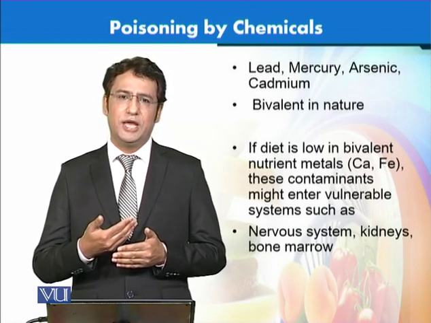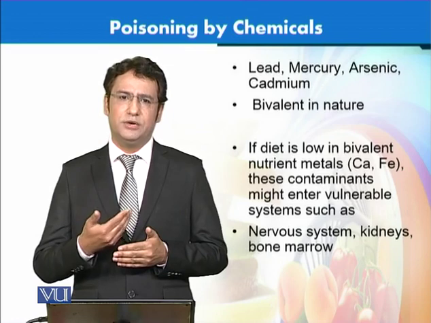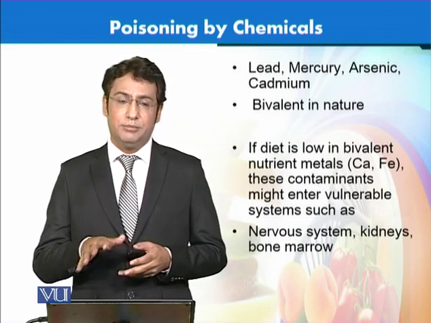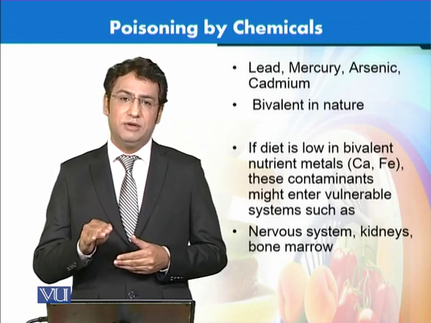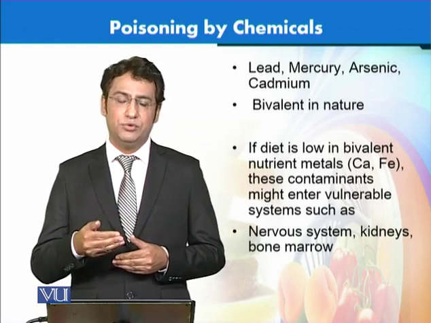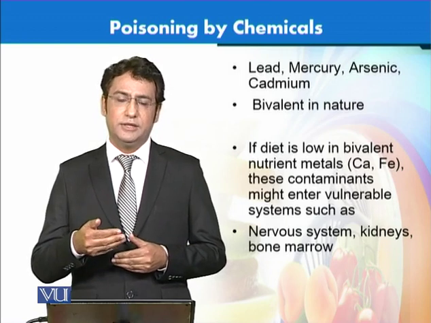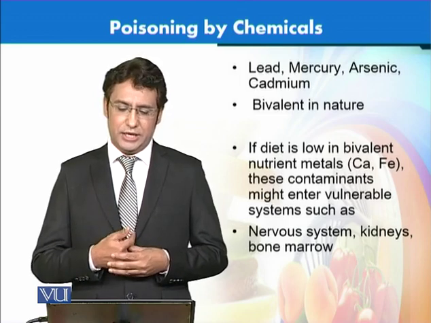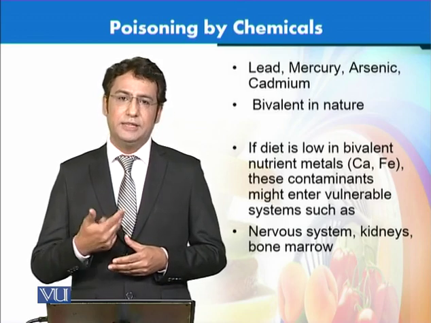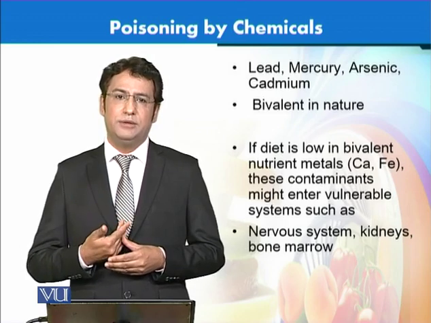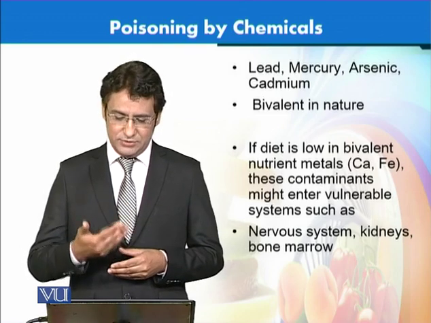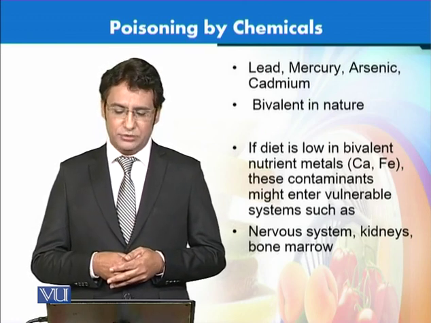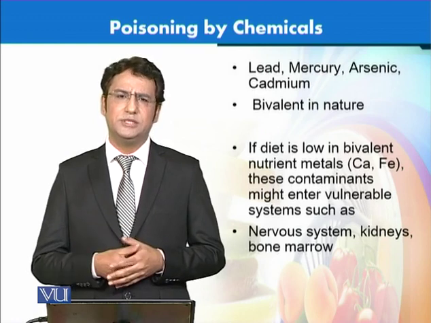If we don't have bivalent nutrients in our feed, especially calcium and iron, which are very important nutrients and are bivalent by the way, and they are not part of your regular intake, then your central nervous system might take up these heavy metals like lead, mercury, arsenic, and cadmium. Once they get into the central nervous system, they can also get into the kidneys as well as bone marrow, leading to a lot of diseases and serious problems.